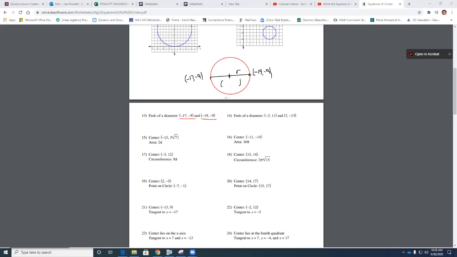All you have to do is average the 2 x values and then average the 2 y values. So if I take negative 17 and add to that the other x value, which is negative 19, that gives me negative 36. If I divide negative 36 by 2, I get negative 18. So I know the x value is negative 18.